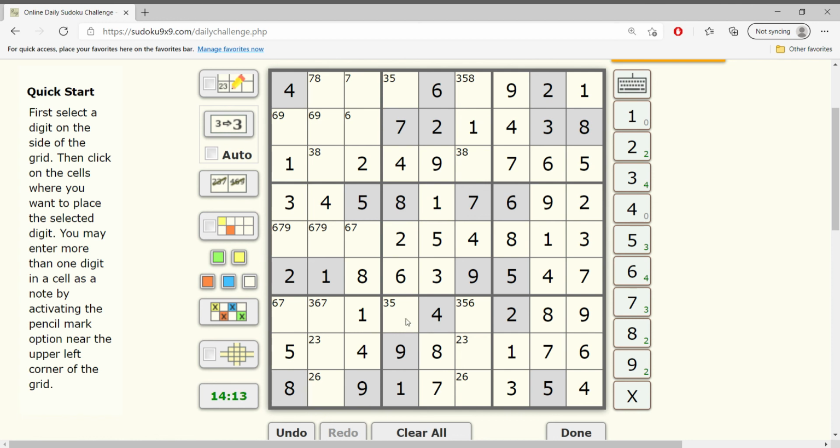Okay, so let's see. So in this column, we need 3, 6, and 7. So this cannot be 3. This cannot be 3. Only this cell can be 3 in this column. It has to be 3. So this actually has to be 5.